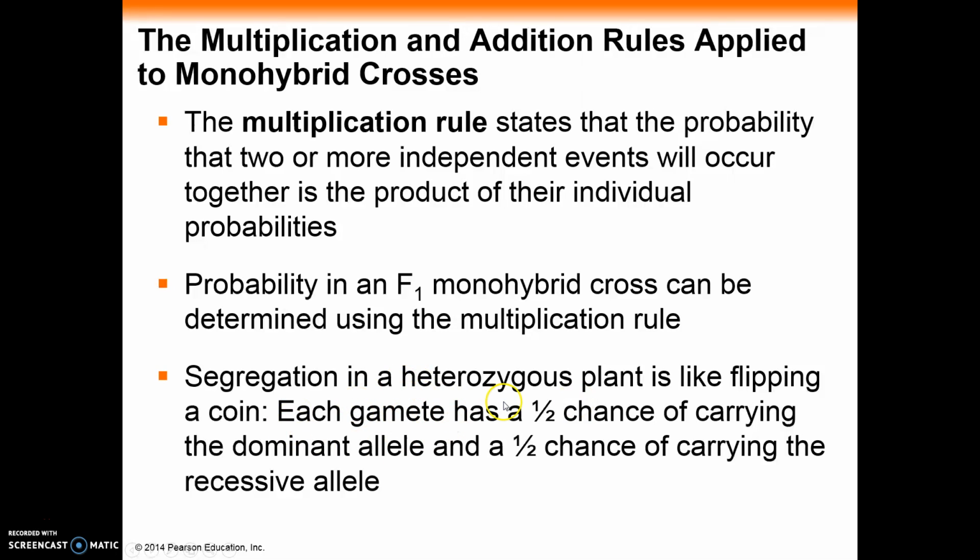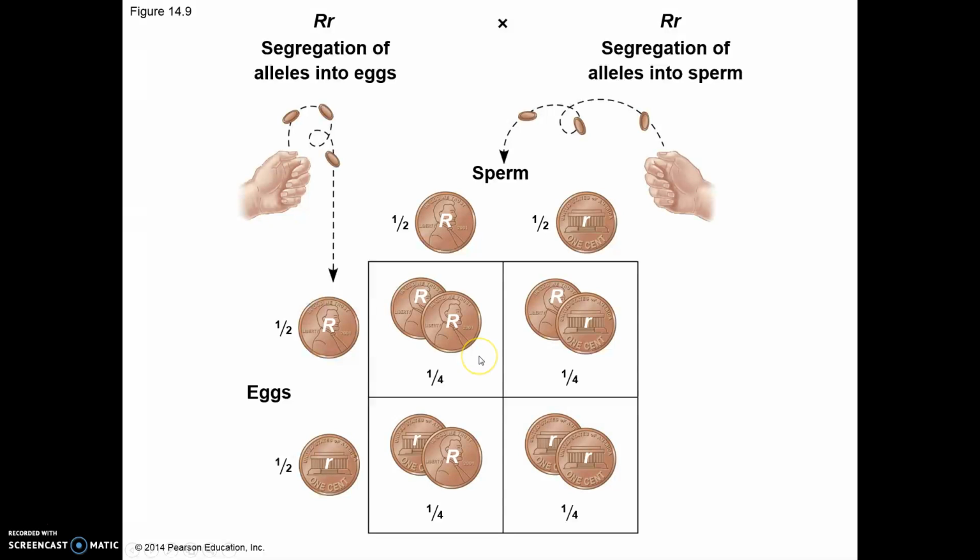Each gamete has a 50-50 chance of carrying that dominant allele and a 50-50 chance of carrying that recessive allele, right? So let's essentially take coin flips and put them onto a Punnett square. We are going to flip a coin once and get one value. We are going to flip a coin again and get a different value.